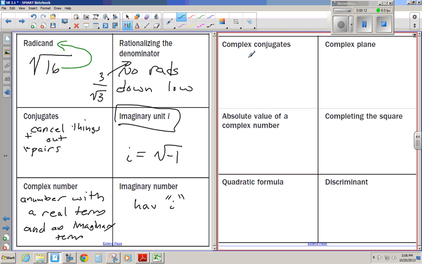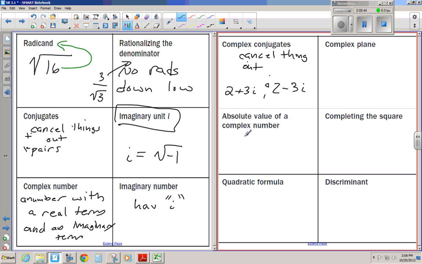Complex conjugates. Again, they cancel things out. An example of complex conjugates would be 2 plus 3i and 2 minus 3i. When you add these together, something cancels out. When you multiply, something cancels out.